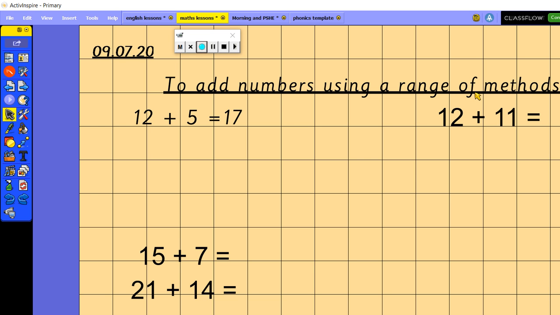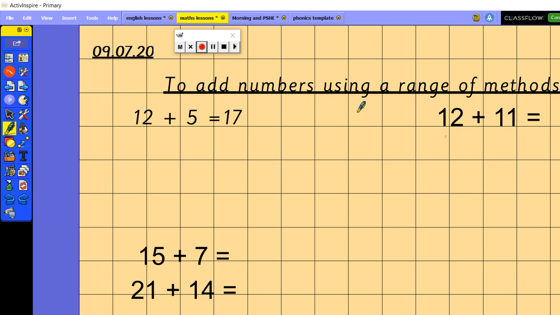Now I could use my knowledge of doubles to help me with this question because I could double 11 or I could double 12 and then take away or add 1. So if I'm going to double my number 12, so for this calculation, I'm going to do 12 add 12, for example, I would then just need to remember to remove the extra one I've added on.